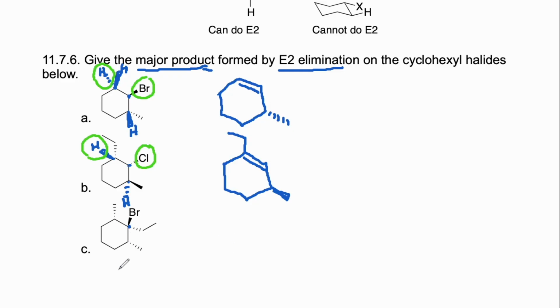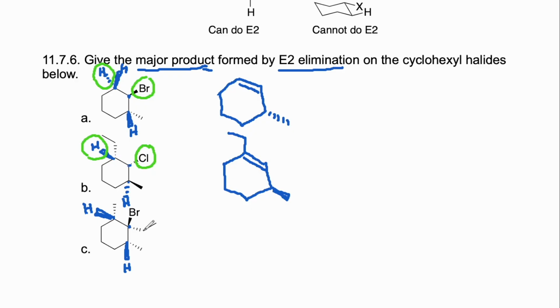Here we have an extra tricky case. We have a bromine on top of the ring. Both of the neighbors have hydrogens that are pointing up, also on top of the ring. I guess both of the most obvious neighbors, I should say, that would put the alkene inside the cyclohexane ring.